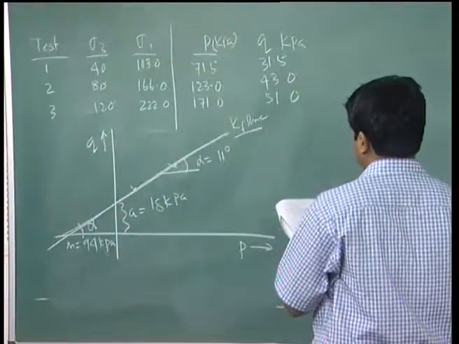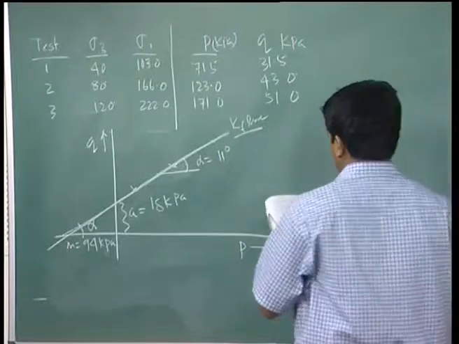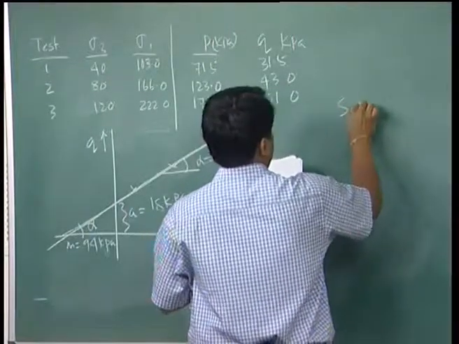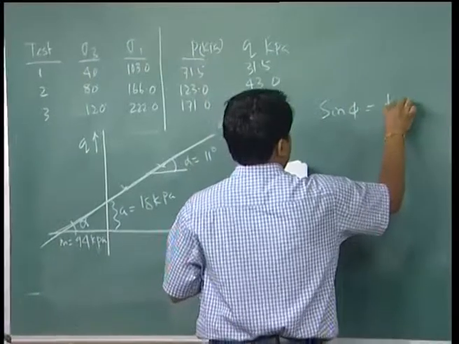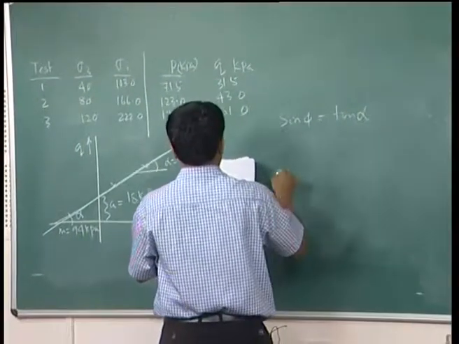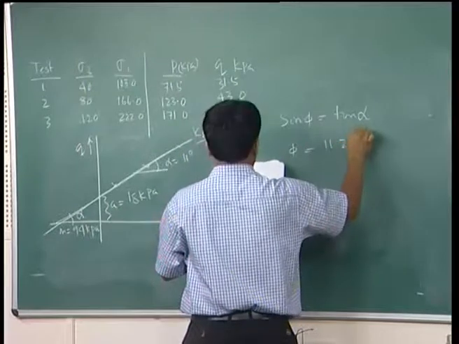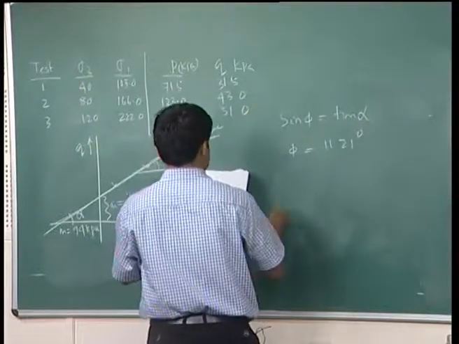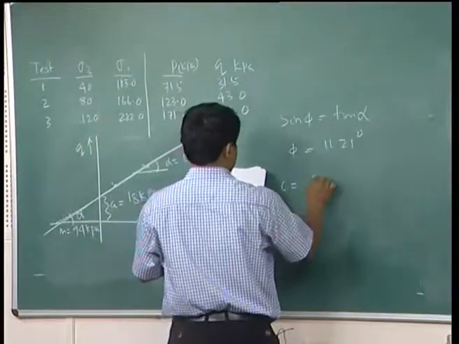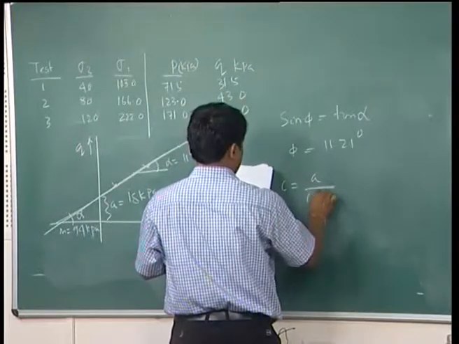Once you get A, M and alpha, from there you can find sin phi is equal to tan alpha. So phi you can get as 11.21 degrees, then C is equal to A by cos phi.